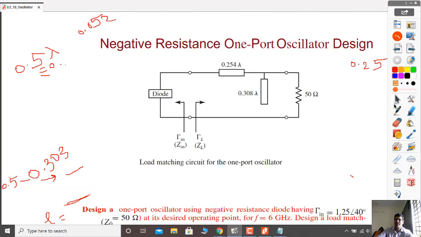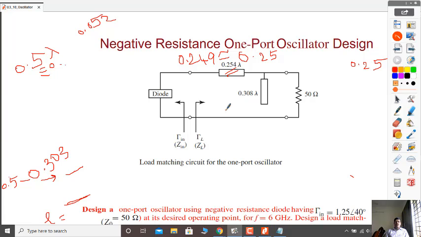So this is 0.249, which is approximately 0.25, the same as this. A small error will come when we use the Smith chart. That depends on our tool accuracy, that is our pencil sharpness, and how we are viewing.